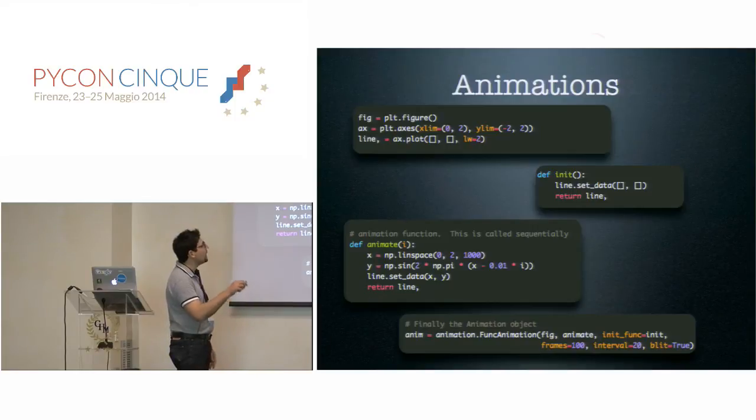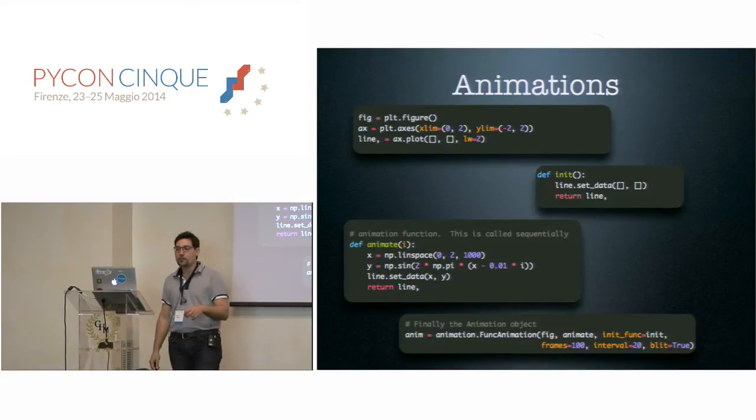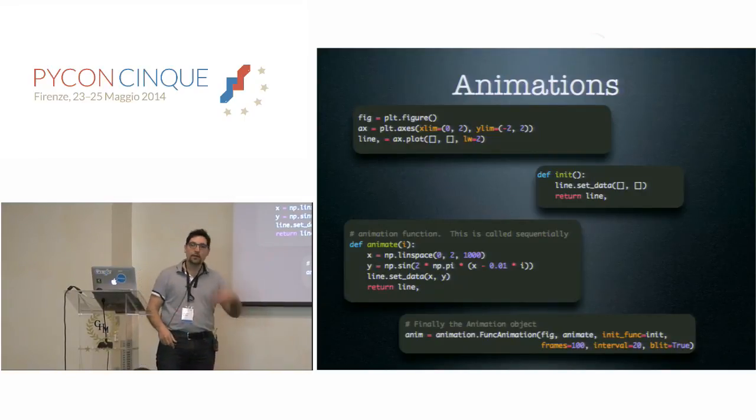We create the init function, which is the function that is responsible to initialize the animation. The animate function is the function that keeps on generating data, the one that will be shown during the animation.